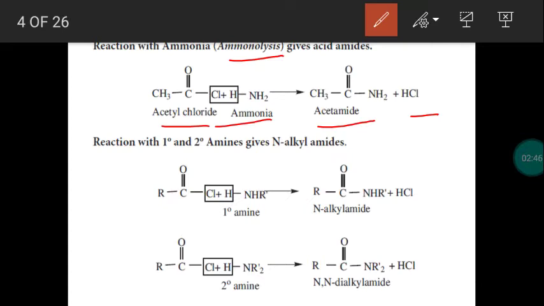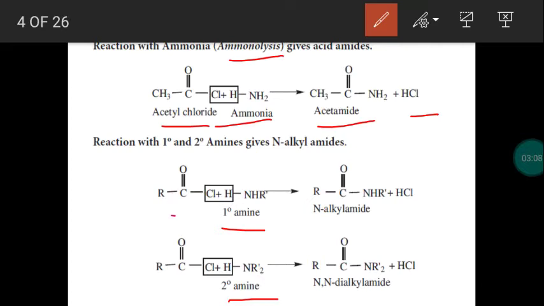Next chemical reaction, instead of taking ammonia, we may take amines also. From ammonia, we can derive amines. One hydrogen will be replaced by an alkyl group. So based on the number of alkyl groups, amines are primary, secondary, tertiary and so on. So we take primary and secondary amines.